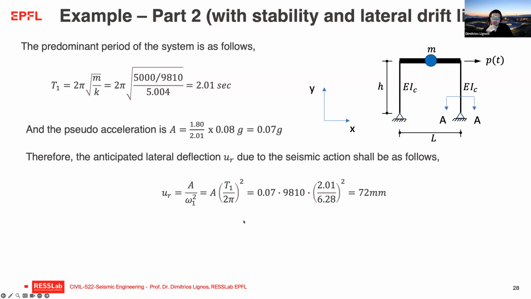So if I make a substitution here, I can compute UR directly, and this would yield 72 millimeters lateral displacement for the seismic design situation.